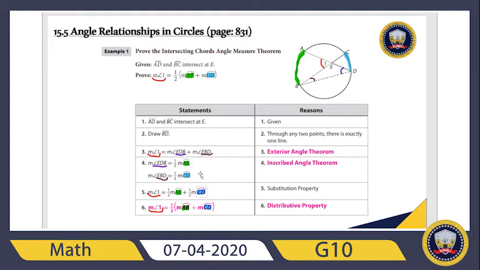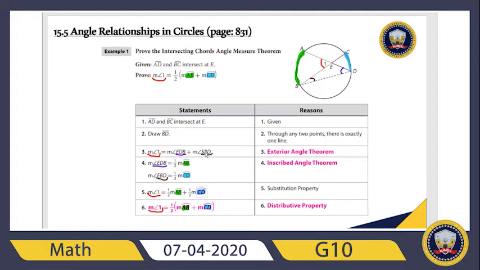Okay, now since EDB equals half of AB and EBD equals half of CD, I will go and replace in this equation the measure of EDB by half of AB, and the measure of EBD I will replace with half of the arc CD.